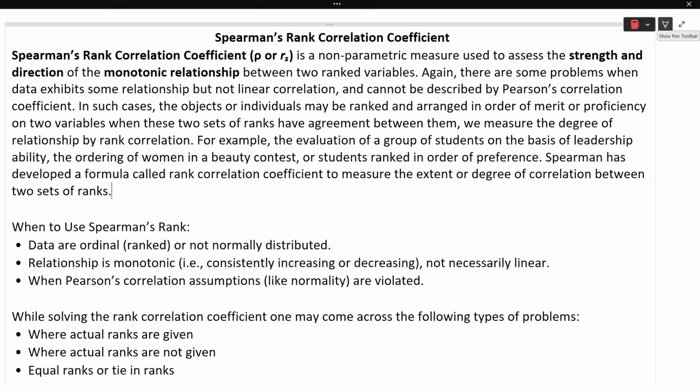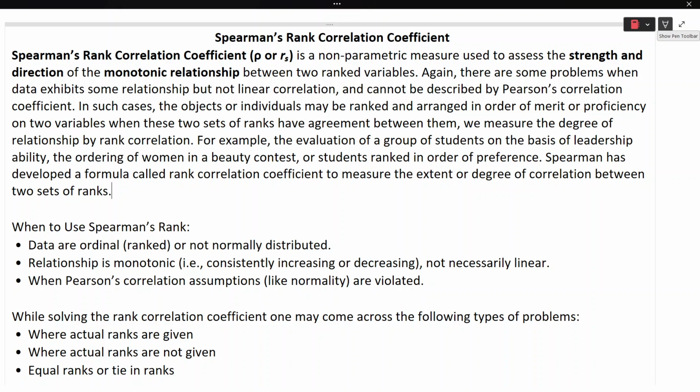In such cases, the objects or the individuals may be ranked and arranged in order of merit or proficiency on two variables, and when these two sets of ranks have agreement between them, we measure the degree of relationship by rank correlation.